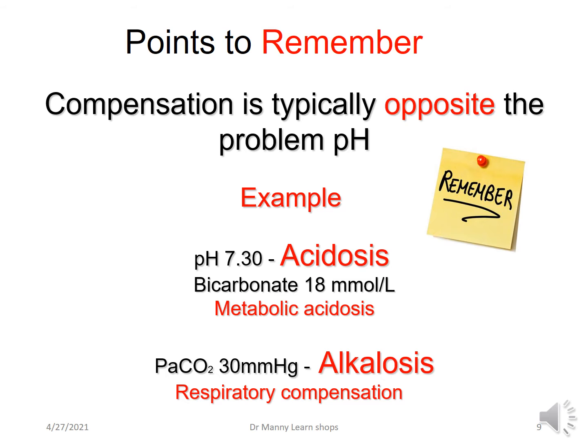However, the PCO2 is 30, less than 35, which indicates an alkalosis. This is demonstrating that there is respiratory compensation. You've got a metabolic acidosis and a respiratory alkalosis, which indicates compensation.